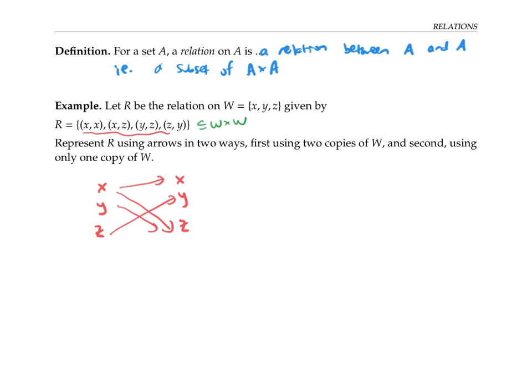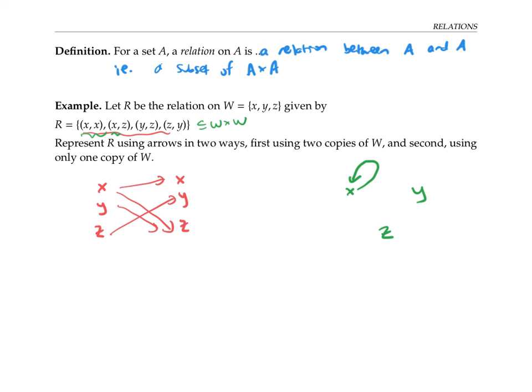But we could also draw the relation just using 1 copy of W. So I'll space out the letters in W a little bit differently here to make more space and make the picture look better. Now I'm going to represent the ordered pair (X, X) with an arrow from X to itself.